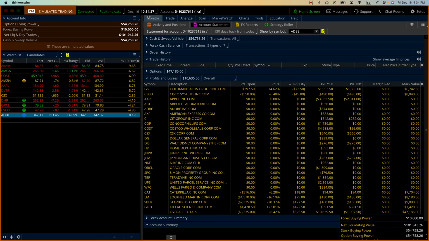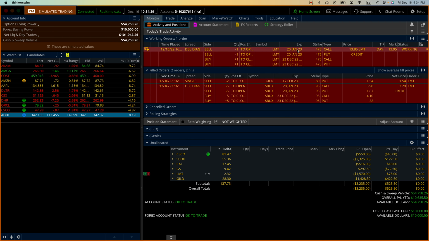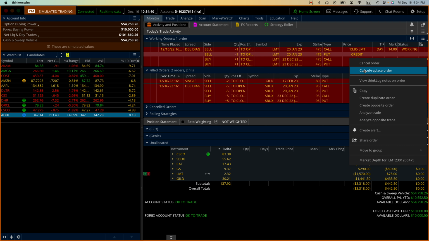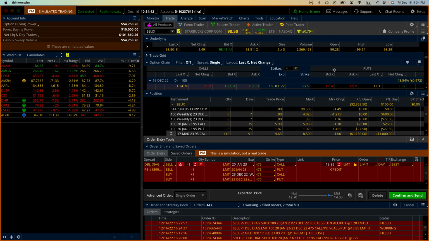Let me go to the monitor tab. I think I have still a trade here. Yeah. You can see that my ask is lower than the mark. So cancel, replace. If you do that, look at the range here, the natural and the mid. That means it's very low liquidity.